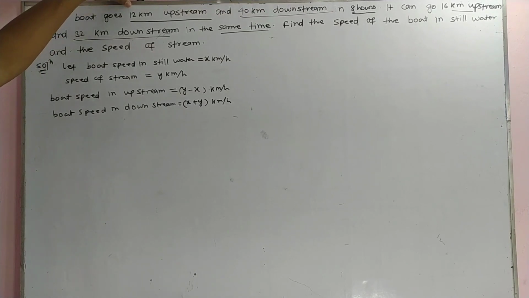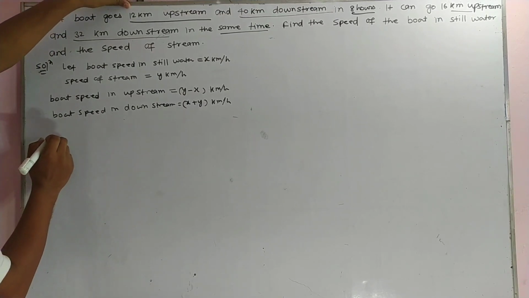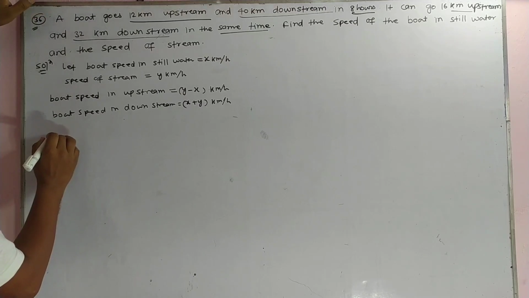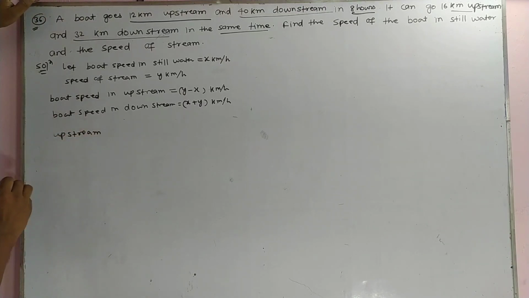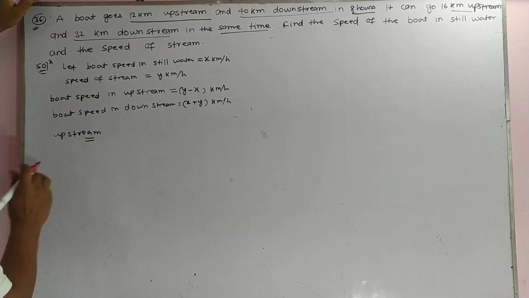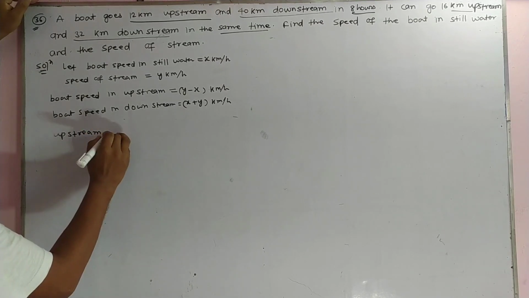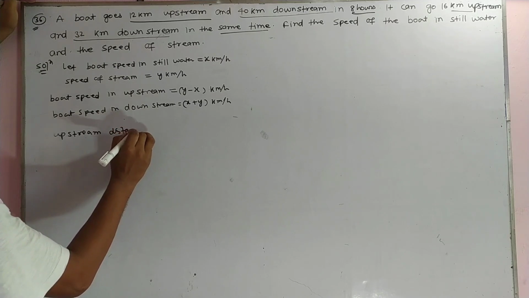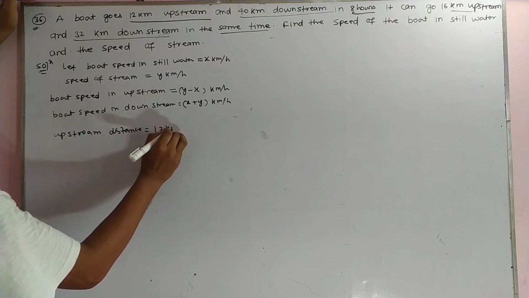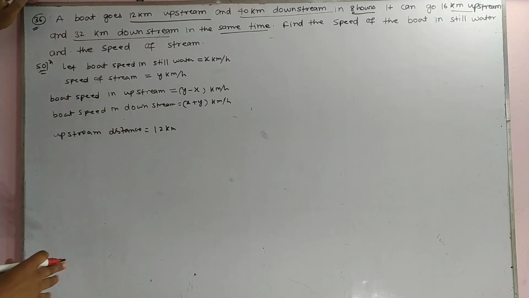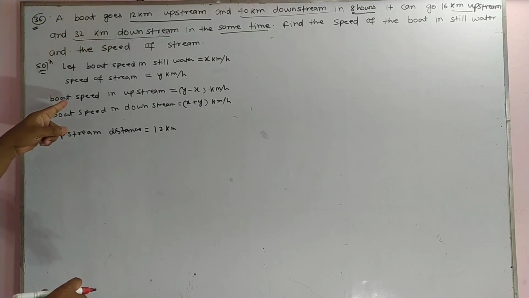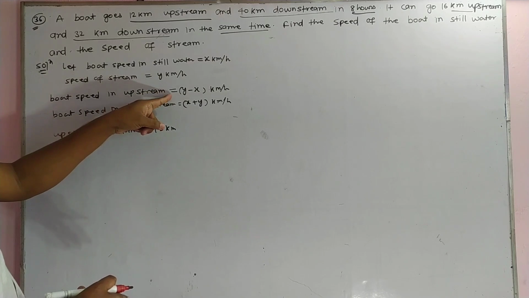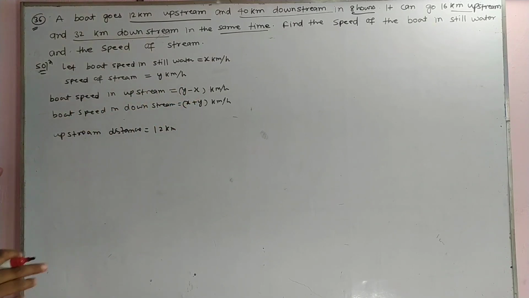The boat goes 12 km upstream, so for upstream the distance given here is 12 km, and you know that the speed in upstream is y minus x km per hour.